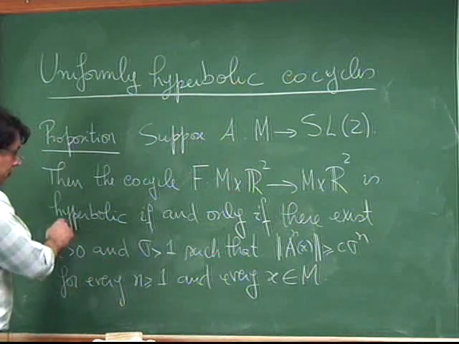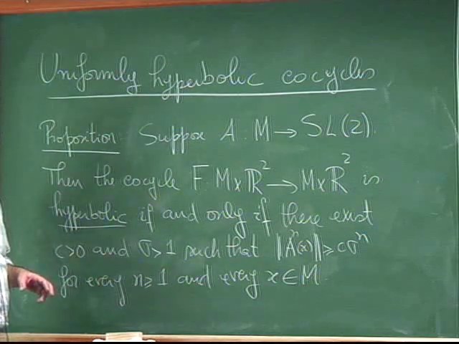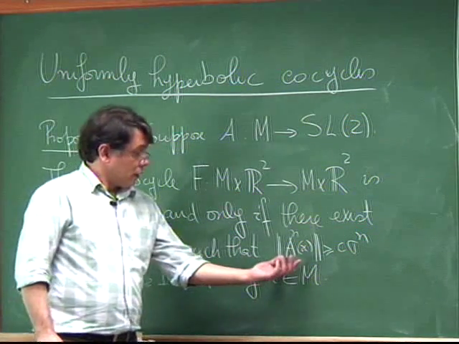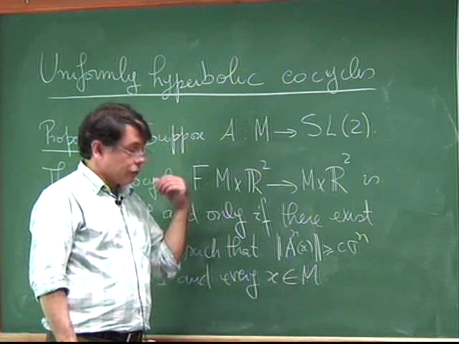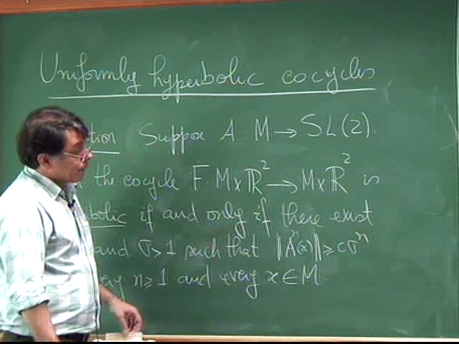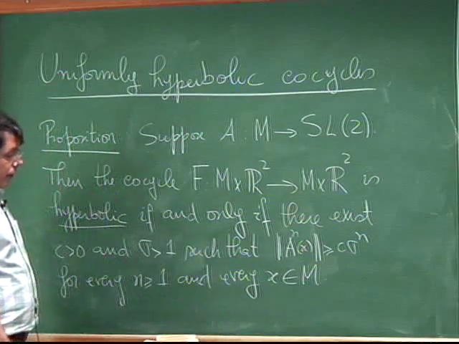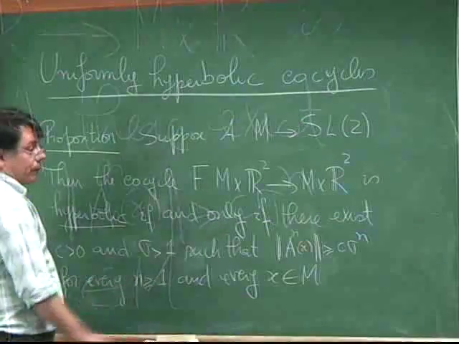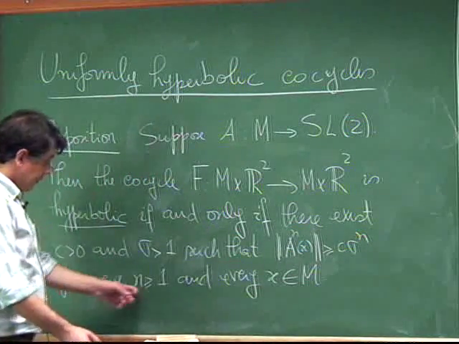This allows us to prove hyperbolicity without having to know where the subspaces are. You just have to take the iterates and see that the norm of the iterates grows. You don't even have to iterate backwards. It's enough to iterate forward. And if this grows exponentially fast for every n and every x uniformly, the constants C and sigma are independent of n and x.